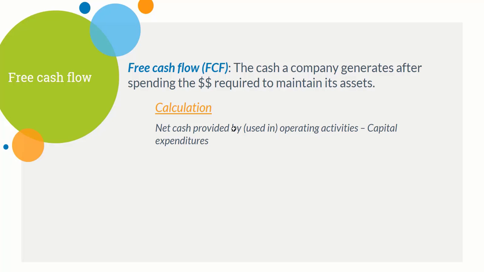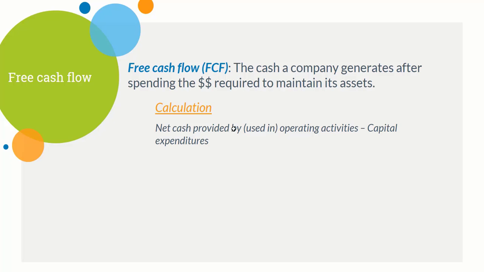So the calculation is we take the net cash provided by or used in operating activities and we subtract out capital expenditures. So we're not looking at the total cash flow statement. Remember, there's cash from operating activities, financing activities, and investing activities.